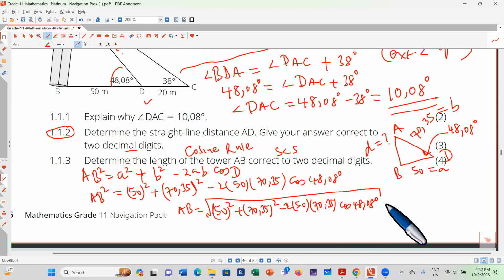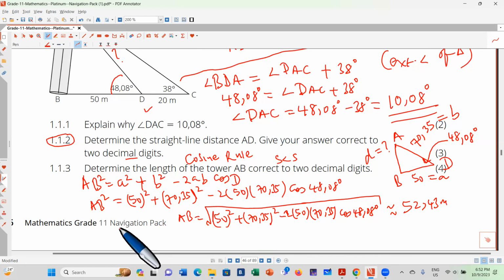If you use a calculator to find the square root of this, the calculator will give exactly 52,43 meters, which is the length of the tower. So the length of the tower is exactly 52,43 meters.